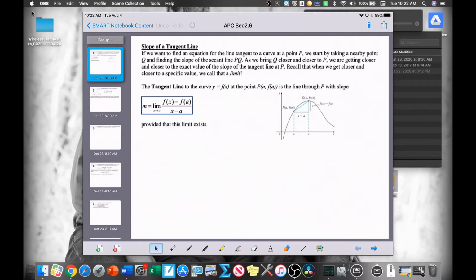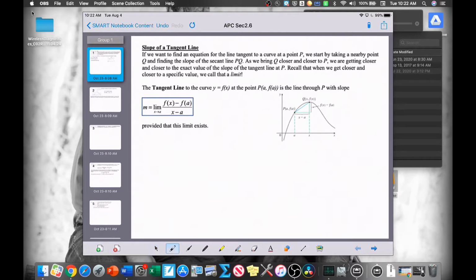If we want to find an equation for a tangent line to a curve at a point P, we would start by taking a nearby point Q. If you look at the picture here, here is my point P, and here is my point Q. And we could find the slope of this secant line, PQ.